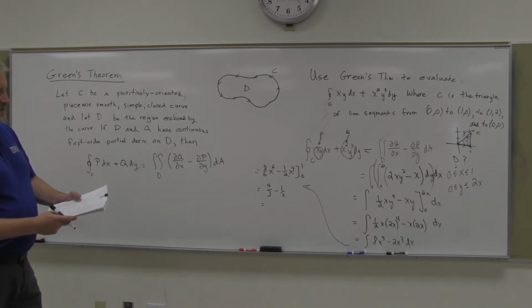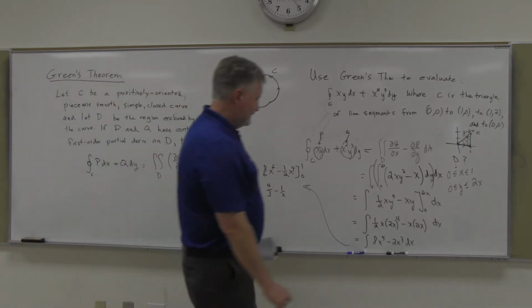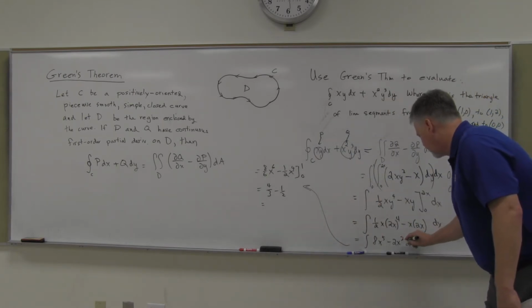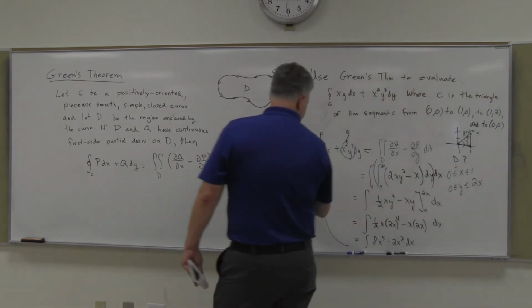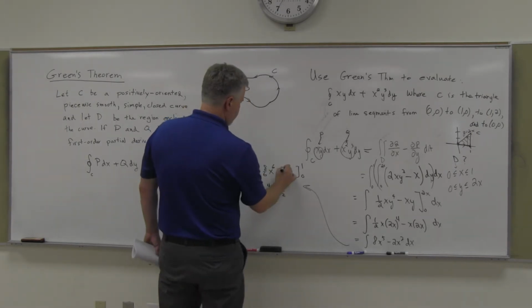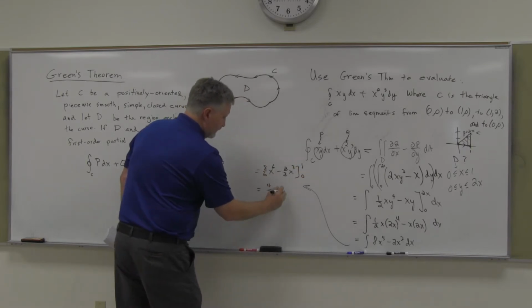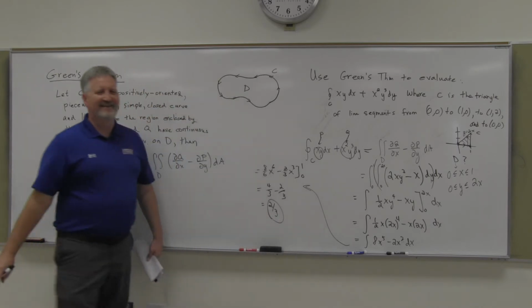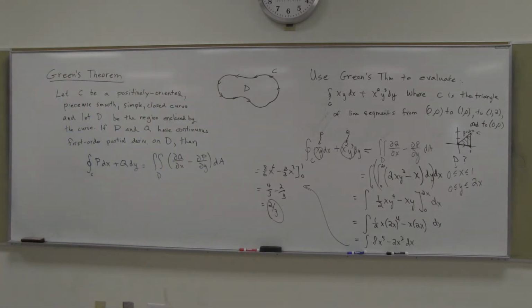That's not what I should be getting. Okay, what did I do wrong? Oh, right here: 2x squared. That would be 2/3 x cubed. So it's 4/3 minus 2/3. Yes, that's better. More expected.